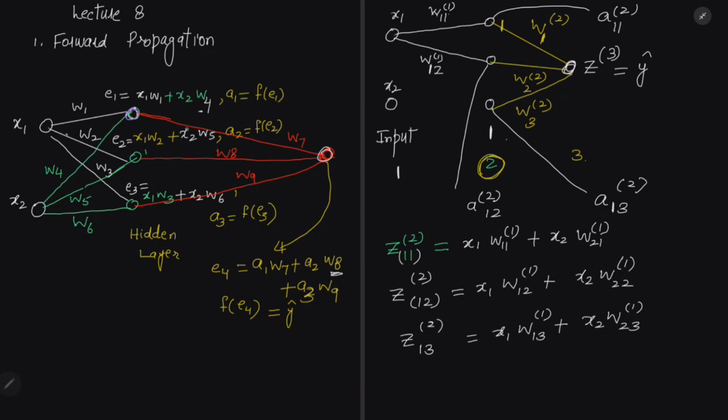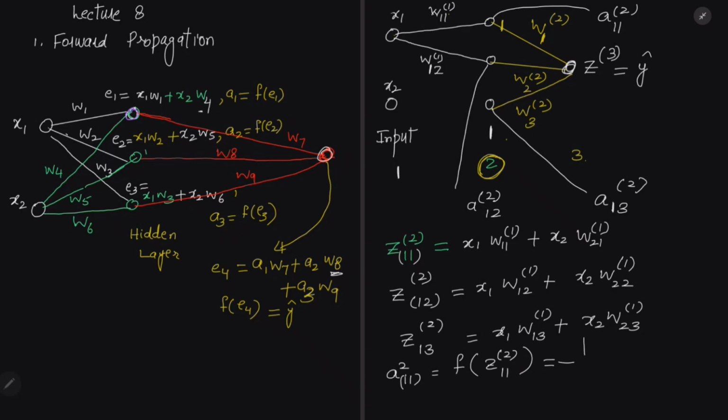How do we get the a2 value? Since we did not apply the activation function over here, the activation function is a. When we apply the activation function, we get the answer for layer number 2, A211. We apply any activation function to Z211.